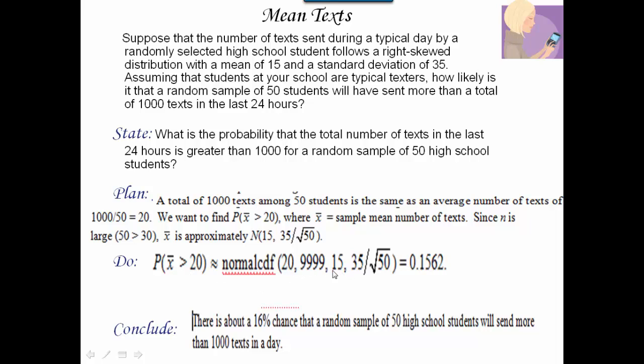Then we have 15, which is our mu of x bar, and for our sigma of x bar, we take 35 divided by the square root of 50, because n, our sample size, is 50, and 35 was the standard deviation of the right-skewed population that we started with. So our answer is 0.1562. So there's about a 16% chance a random sample of 50 high school students will send more than 1,000 texts in a day.